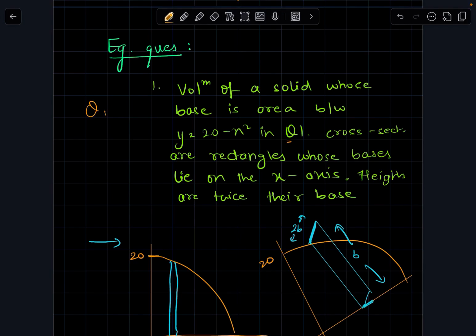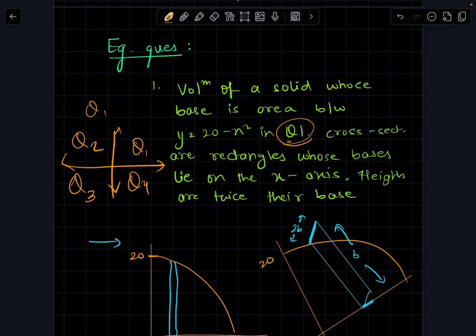So your quadrant one right here is basically, if you draw a graph, you're supposed to travel anti-clockwise: quadrant one, quadrant two, quadrant three, and quadrant four. So we are going to limit ourselves to the area in quadrant one.